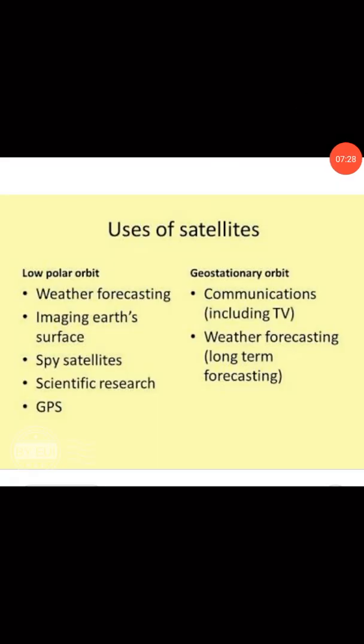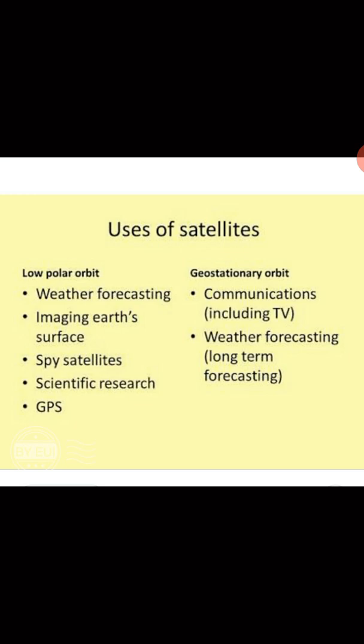Now, if you try to segregate and find out the uses of polar satellites and geostationary satellites, the polar satellites are used for weather forecasting because they are placed closer to the poles. So they can give you a detailed, in-depth, closer view of the earth.